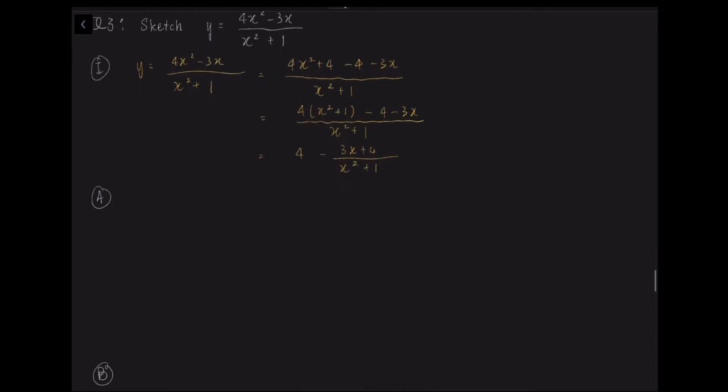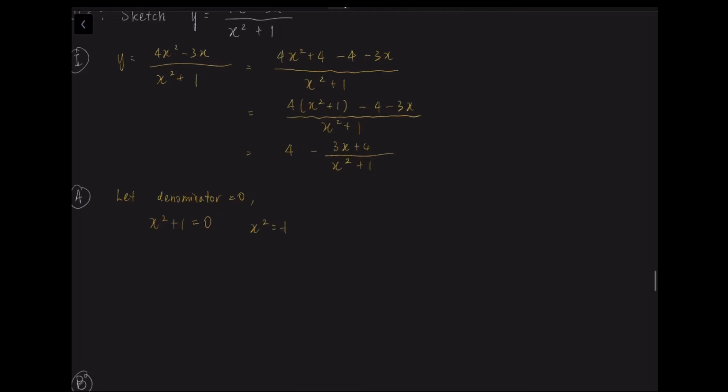So how do we find the asymptotes? First of all, we let the denominator equal 0. So in this case, it's x squared plus 1 equals 0. Now we rearrange the equation: x squared equals minus 1.